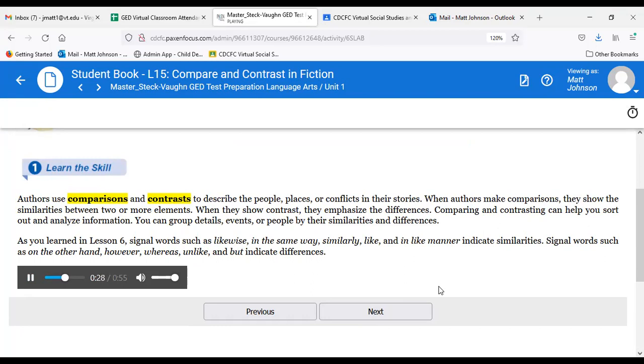As you learned in Lesson 6, signal words such as likewise, in the same way, similarly, like, and in like manner indicate similarities. Signal words such as on the other hand, however, whereas, unlike, and but indicate differences.